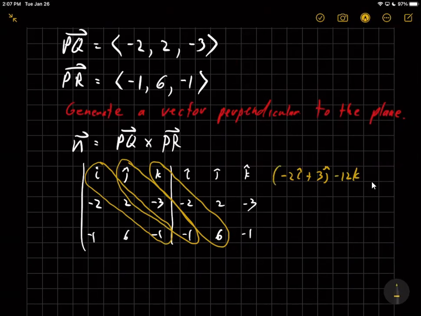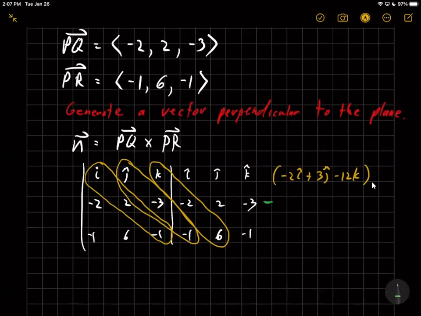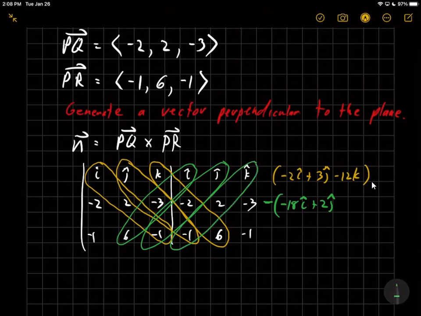So those were the positive diagonals. We're going to need to subtract the backward diagonals, let's do this in green. So that's -18i. This will be 2j, remember we're going to subtract that, and then we'll have -2k.